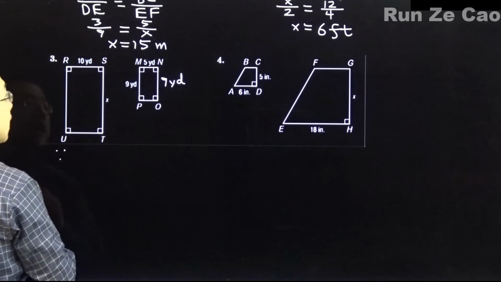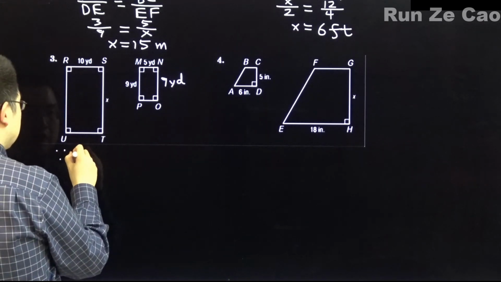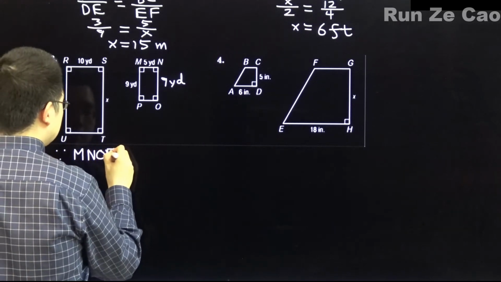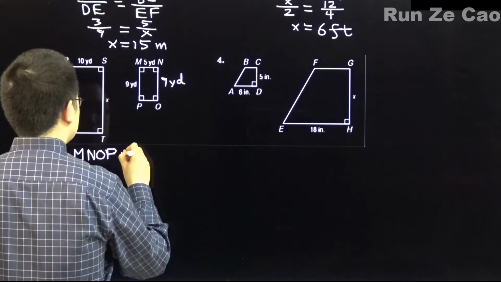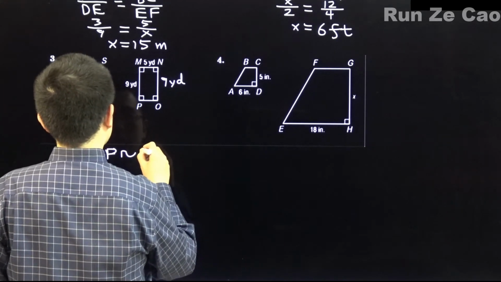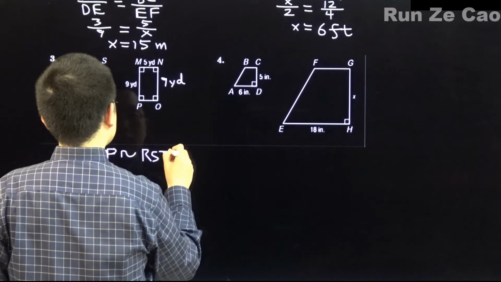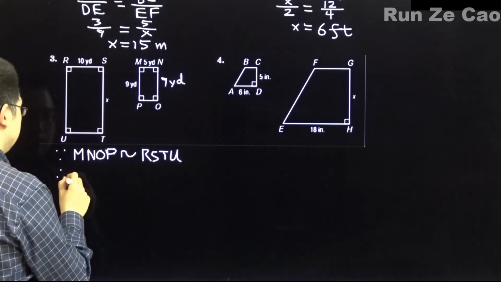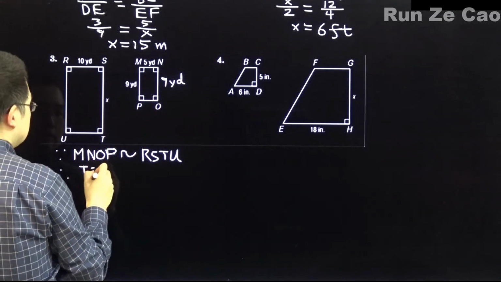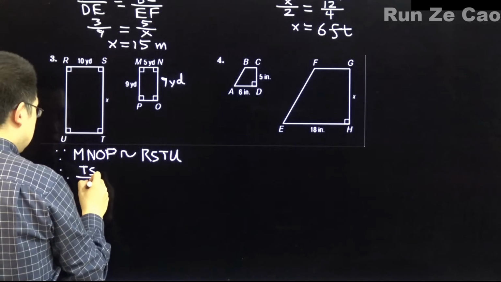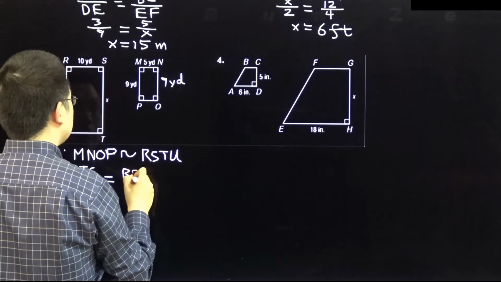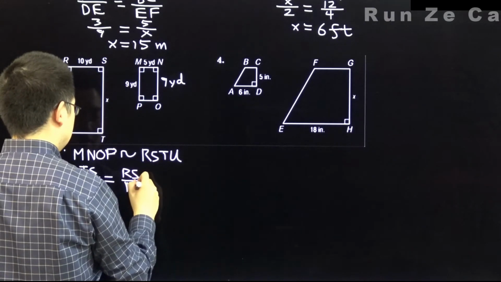So, because MNOP is similar to RSTU, therefore TS over ON is equal to RS over MN.